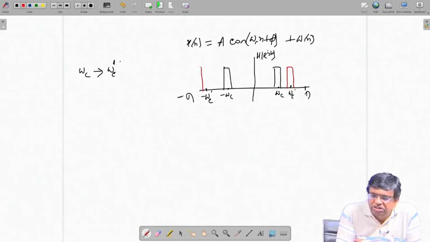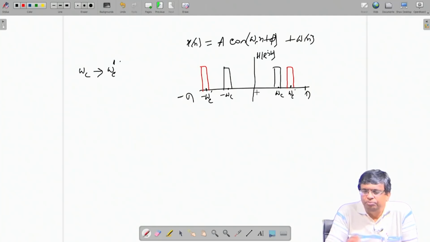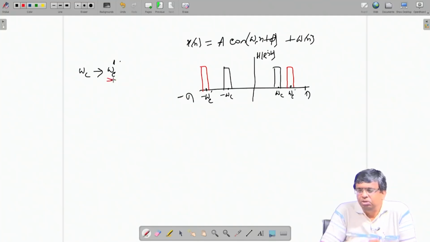The filter coefficients are changing clock after clock in an iterative manner, so eventually it should become another band pass filter, with characteristics like this. Now it will filter out noise outside the band and capture the signal with frequency omega c prime. So, the filter needs to adapt itself.